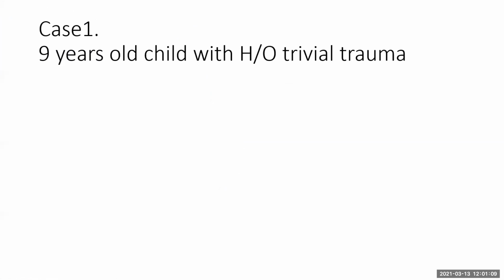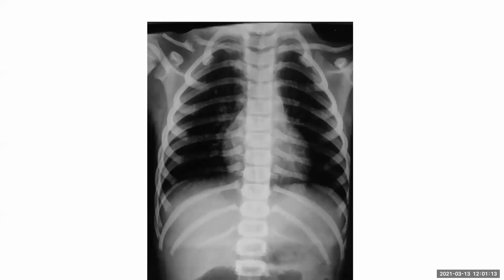Okay, our case 1 is a 9-year-old child with history of trivial trauma. So this is the frontal chest radiograph of a 9-year-old child with history of trivial trauma. I can see that there is a fracture of the right clavicle in the mid clavicle part with distracted and actually overlapped fragments.